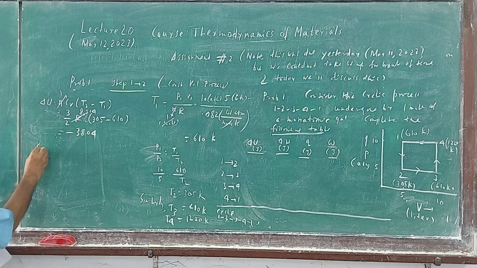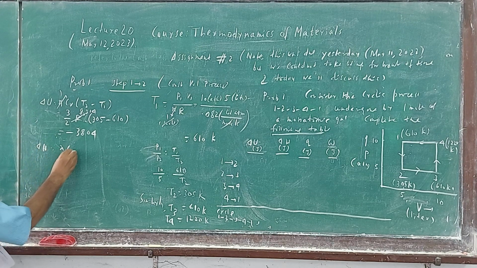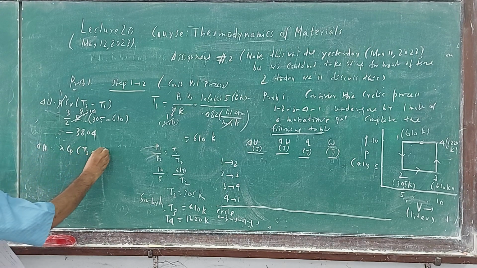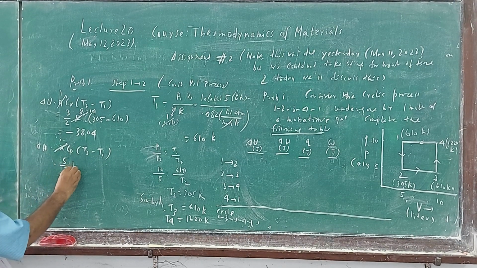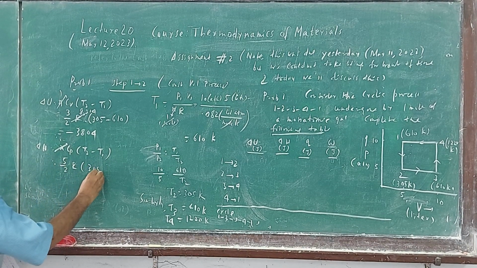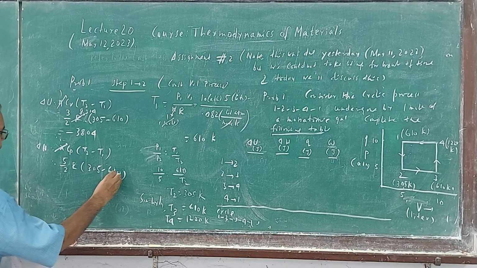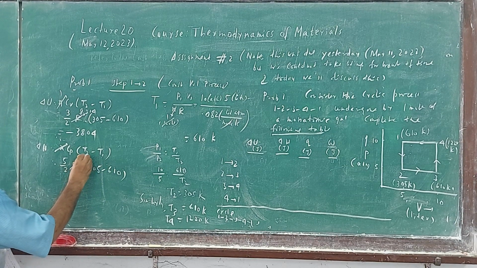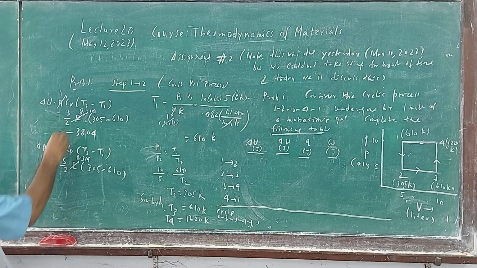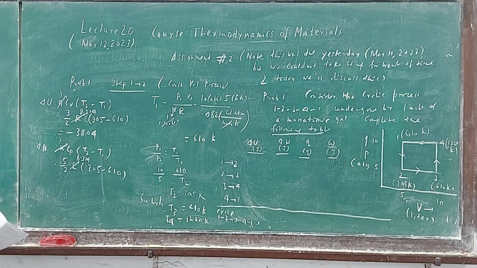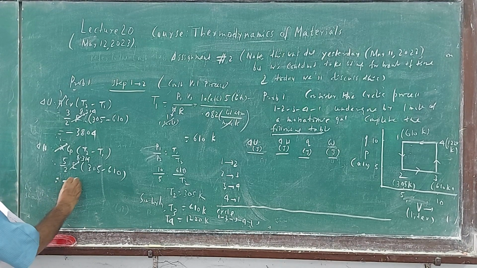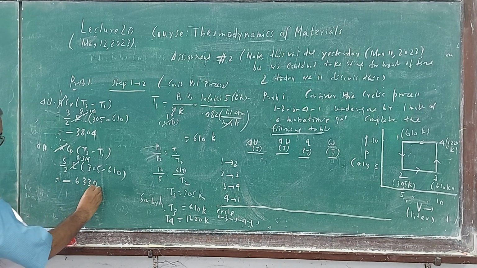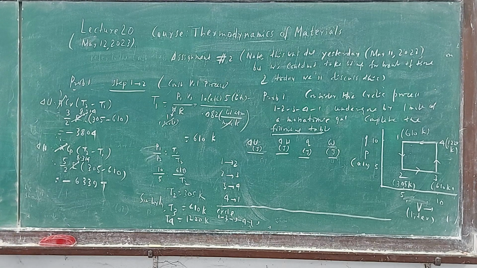Similarly, delta H is n Cp (T2 minus T1). n is 1, Cp is 5 by 2 R as I told you, and 305 minus 610. R is 8.314. It will actually be 5 by 3 times of this, and that gives you minus 6339 joule. So all set, two things set.